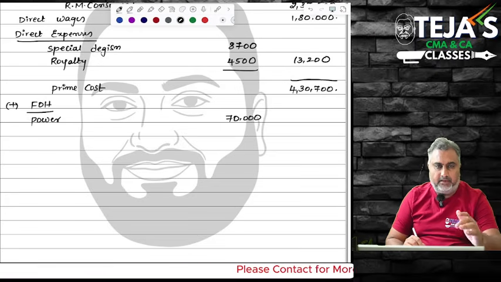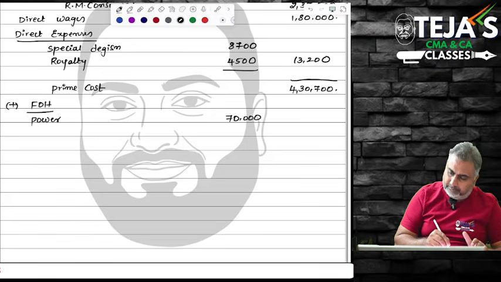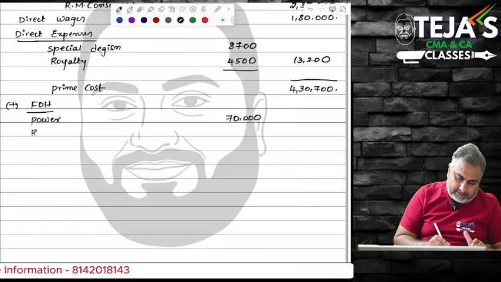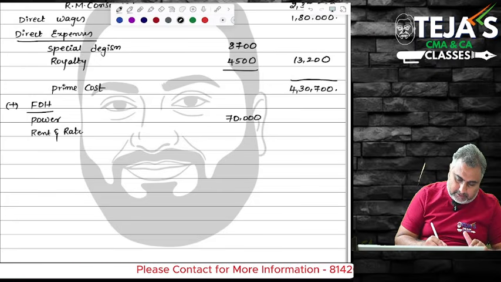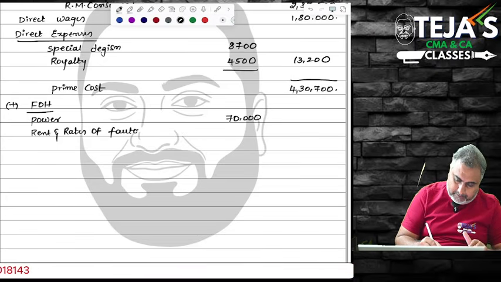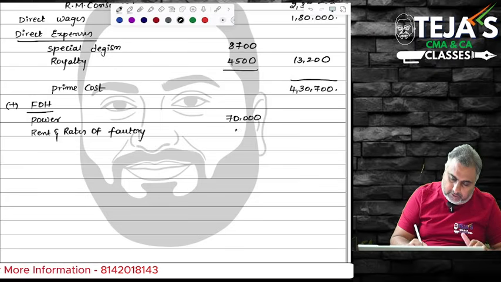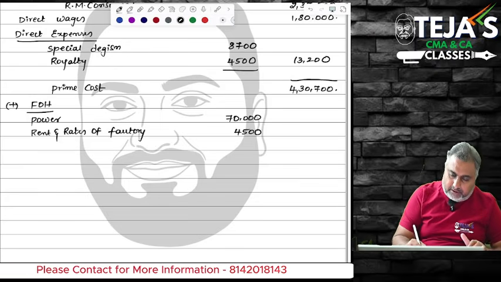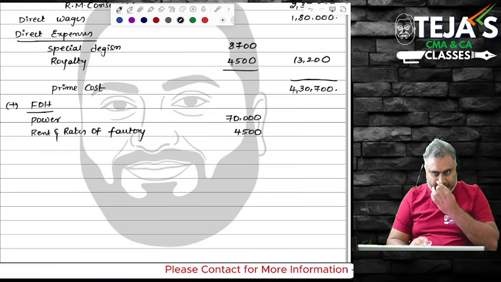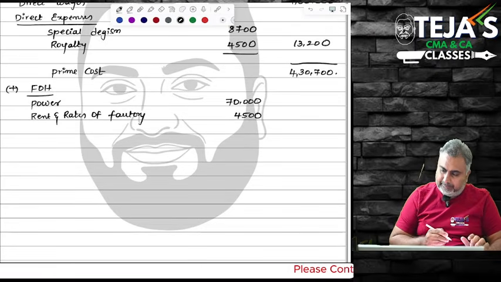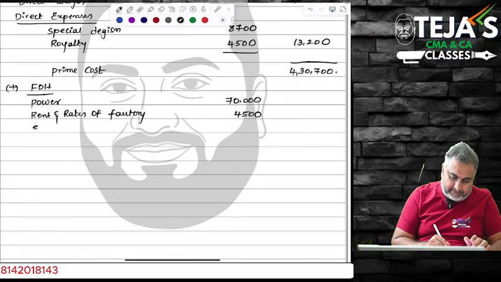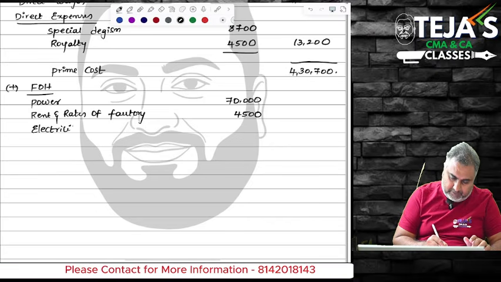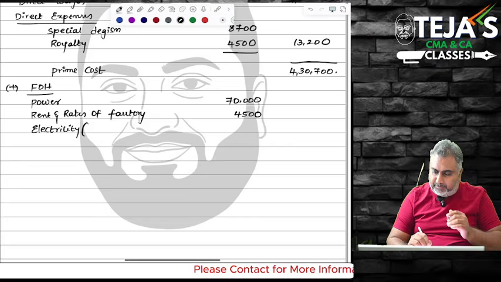Next, rent and rates of factory, 4,500 direct amount. Next, electricity. I think we have an adjustment for electricity.